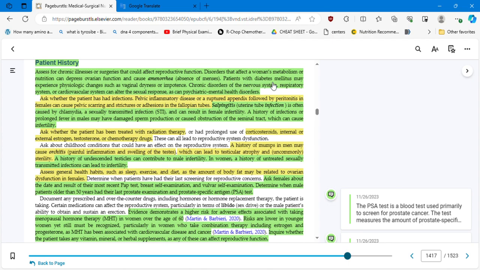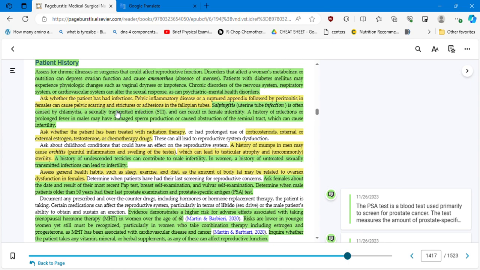Patients with diabetes mellitus may experience physiologic changes such as vaginal dryness or impotence. Chronic disorders of the nervous system, respiratory system, or cardiovascular system can alter the sexual response, as can psychiatric mental health disorders.